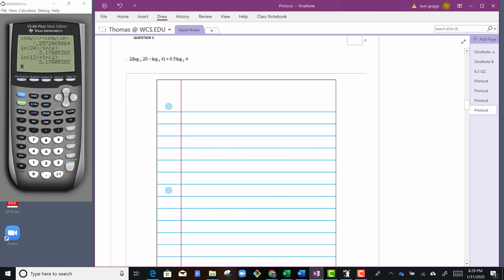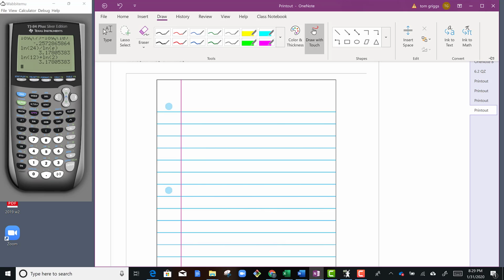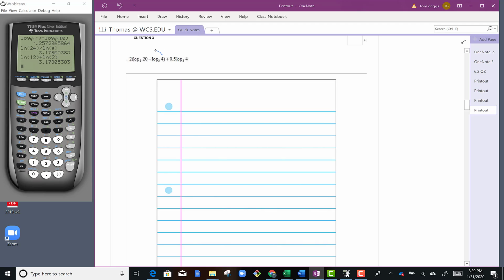All right, so the next one is a lot more complicated. I'm going to take care of what's on the inside of the parentheses first. So subtraction converts to division. So I'm going to keep the 2 on the outside. The log base 3 of 20 minus log base 3 of 4 is going to convert to log base 3 of 5 because I just divided the 20 and the 4.